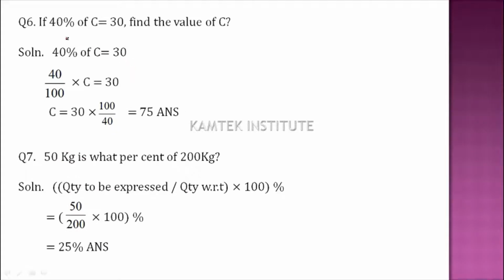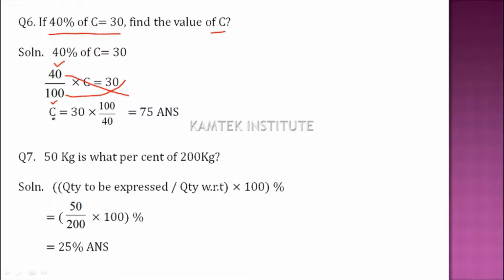It says 40% of C is equal to 30. So we have to find the value of C. So 40% means 40 upon 100 multiplied by C is equivalent to 30. Now to find the value of C, we keep C on the left hand side, and we cross multiply 100 to the right hand side as a numerator, and 40 also is cross multiplied and becomes a denominator on the right hand side.